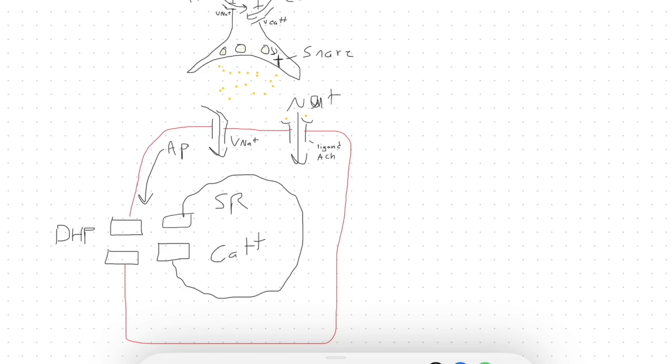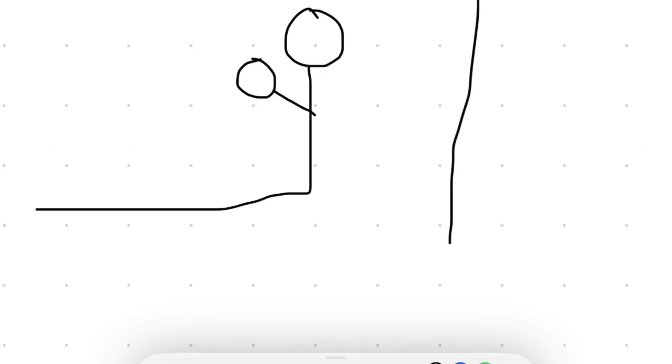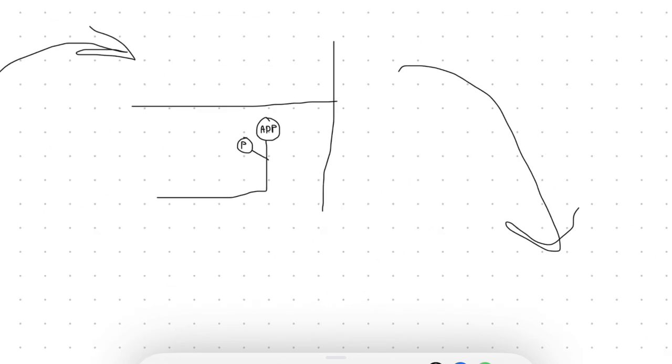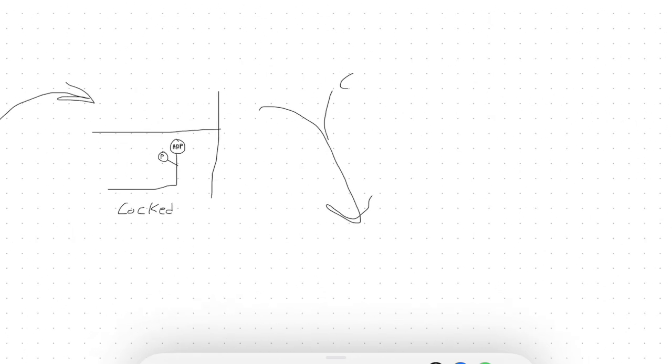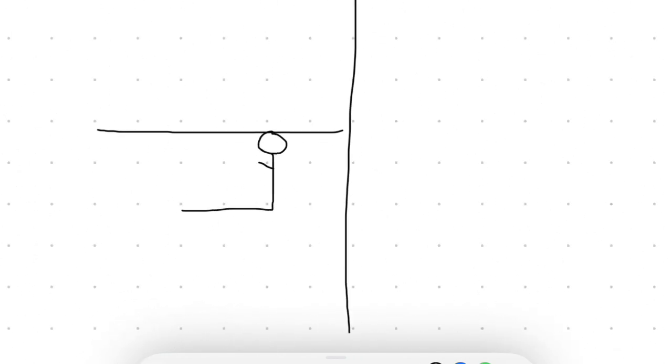The calcium then attaches to the troponin, which in turn causes a conformational change that will reveal the G-actin active site. This will allow the myosin head to attach to the actin, starting the cross-bridge cycle. Once the head is attached, it releases the phosphorus molecule attached to it.